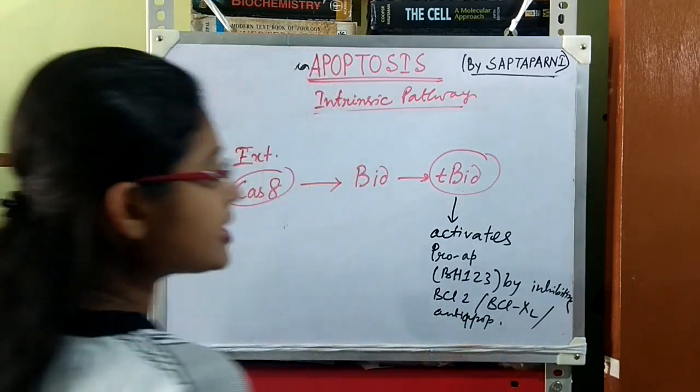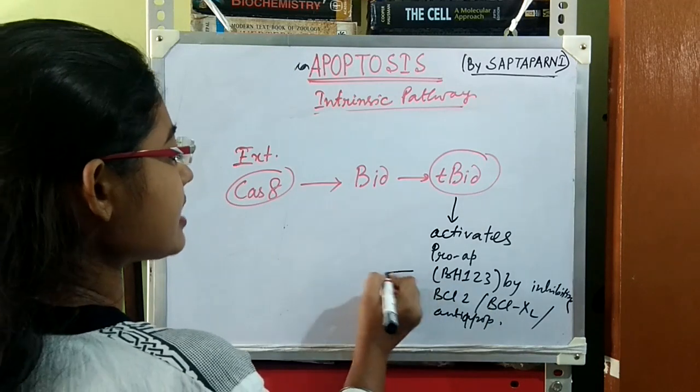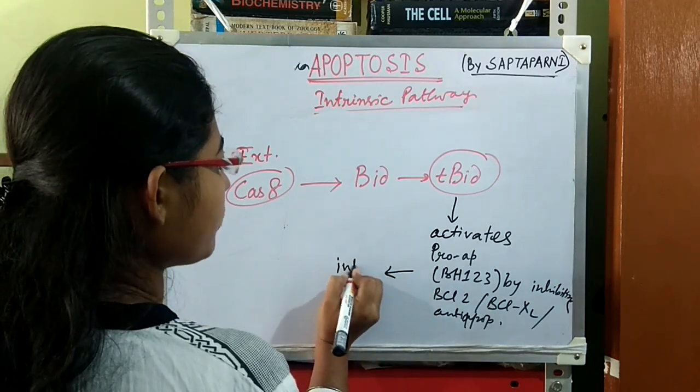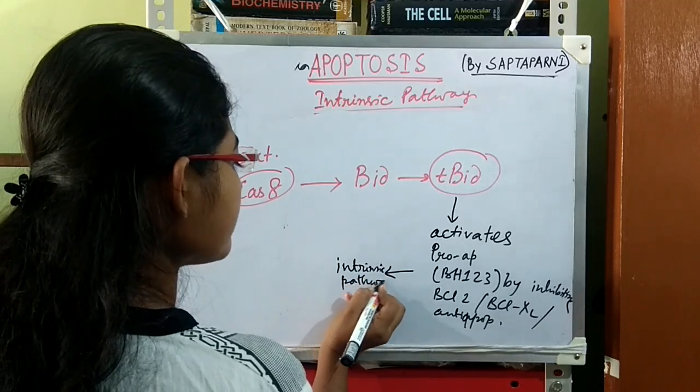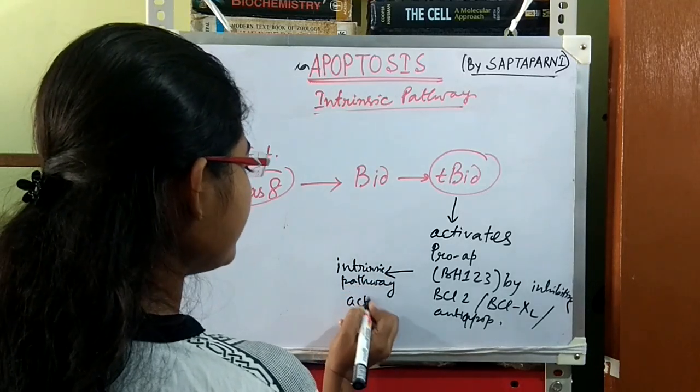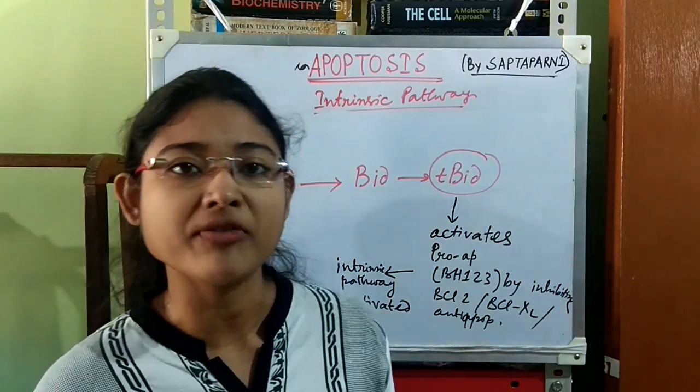That is how the extrinsic pathway activates the intrinsic pathway of apoptosis. Got it? And that is how the death signal is amplified in our body.